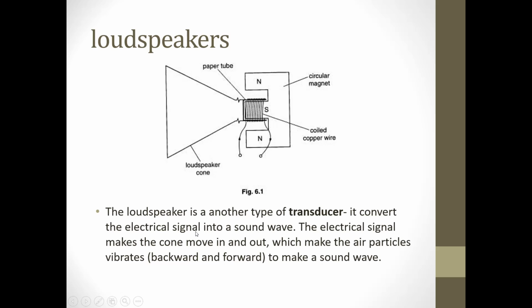It converts the electrical signal into a sound wave. The electrical signals make the cone move in and out. When we connect it to the wires, it will receive the electrical signals. When it receives the electrical signals, it will make the cone move backward and forward, which means the cone will move in and out, which makes the air particles vibrate backward and forward to make a sound wave.